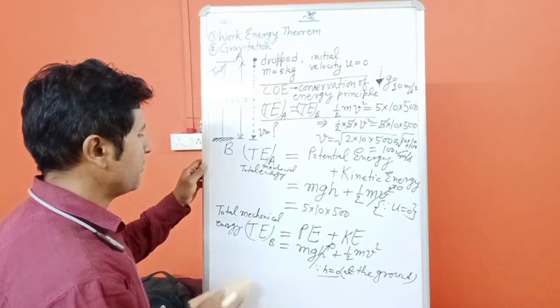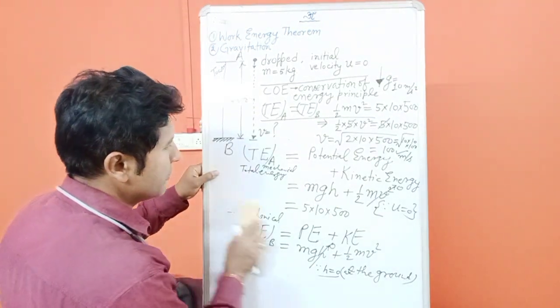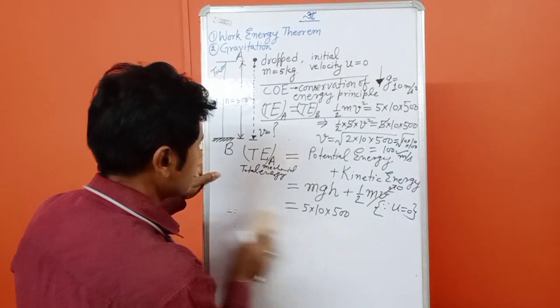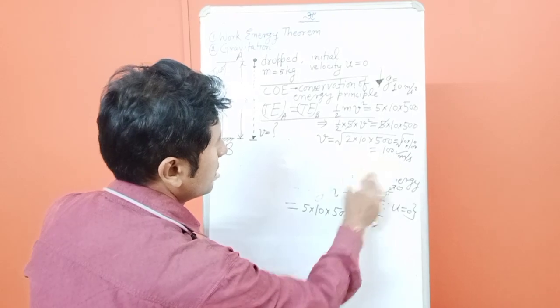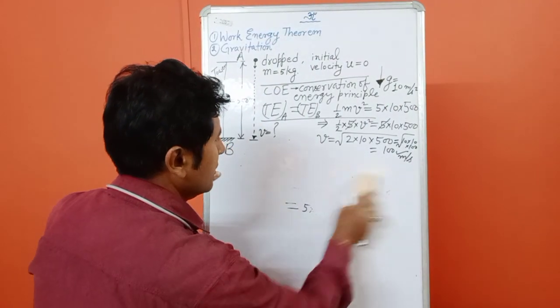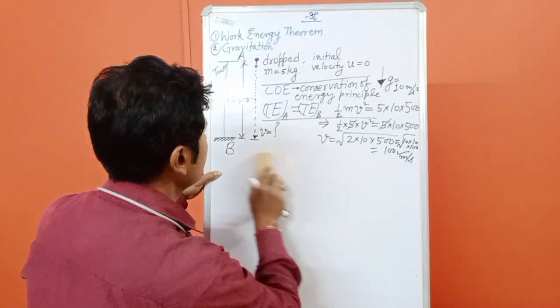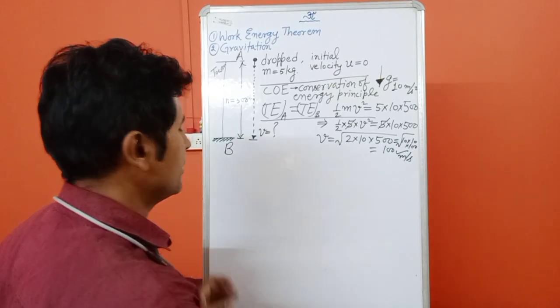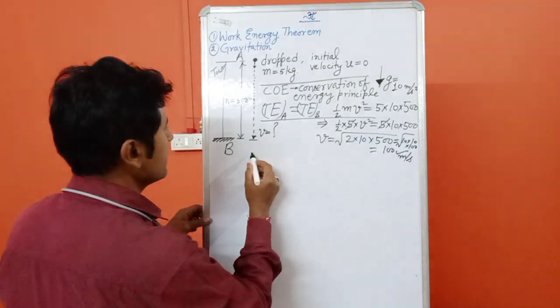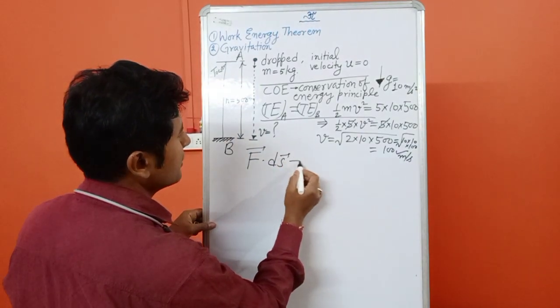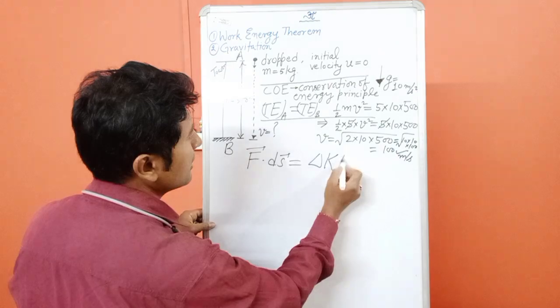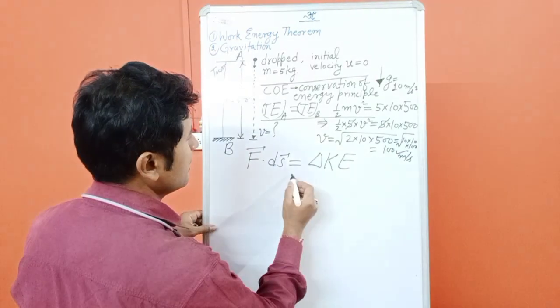Now let's apply the work energy theorem in a different way, what we have studied so far. Now what the theorem says is that work done, which is basically F dot ds, is equal to delta KE, means change in kinetic energy, right?